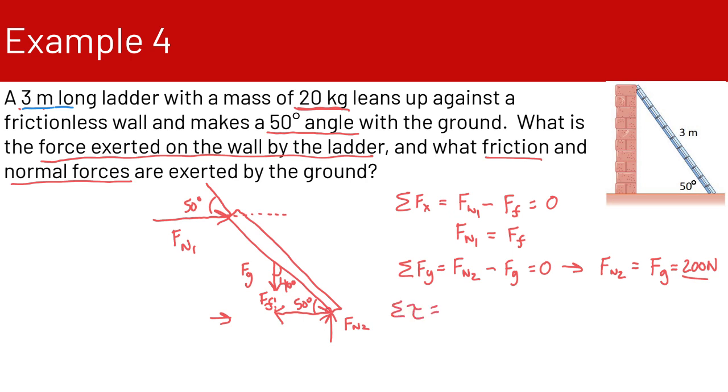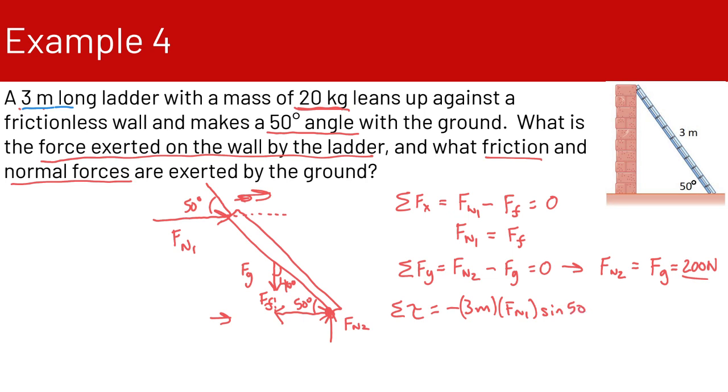Okay, so we're going to use this as our pivot point. Starting with the normal force from the wall at the top, it is pushing in this direction. So that's clockwise, so that would be a negative. So we have minus 3 meters times Fn1, and that is at a 50-degree angle, so sine of 50.